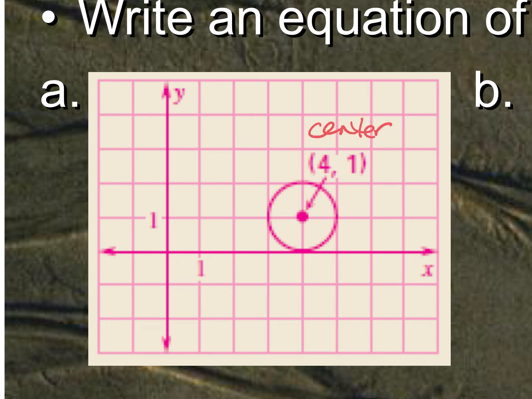I can find my radius length by counting the little squares horizontally or vertically. So I have a radius right here. Notice each of the squares are going by 1s this time. So this radius right here has a length of 1. Didn't matter if I drew it horizontally or vertically. I still get 1 for the radius length.